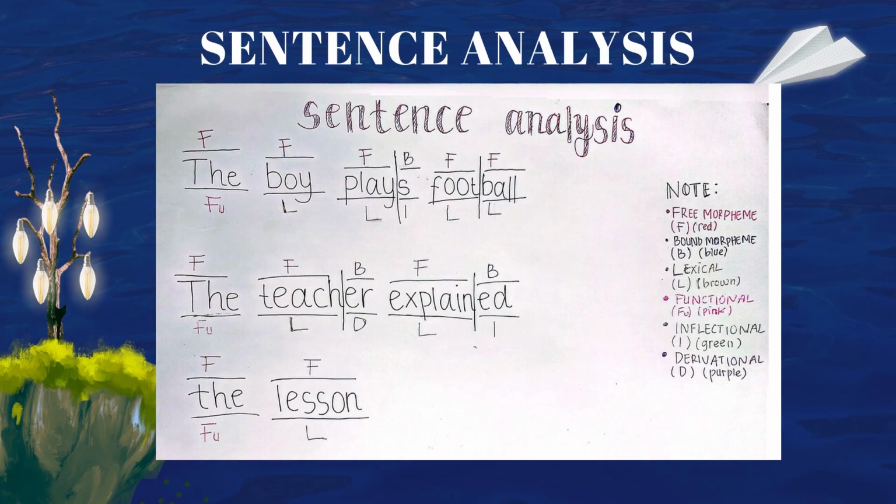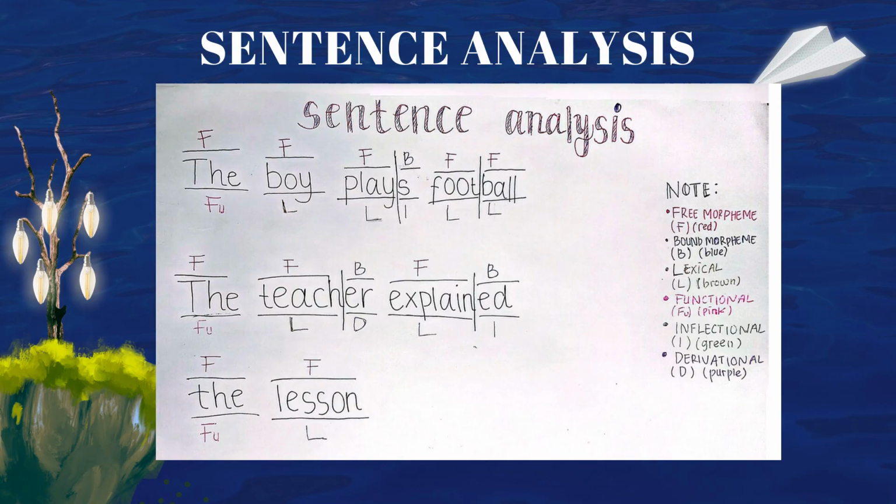Teach is a free morpheme with symbol F and a lexical morpheme with symbol L because teach is a verb. And er is a bound morpheme and er can change the meaning of a word and change the class of a word. So this is included in derivational.